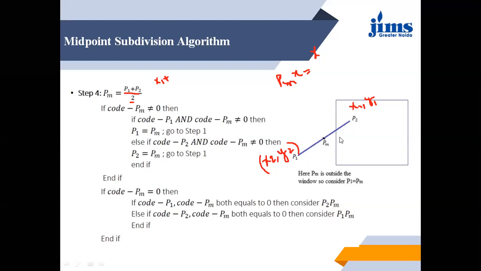So Pnx is P2x plus PMx divided by 2, and Pny equals P2y plus PMy divided by 2.